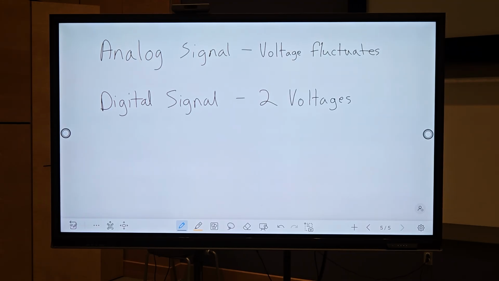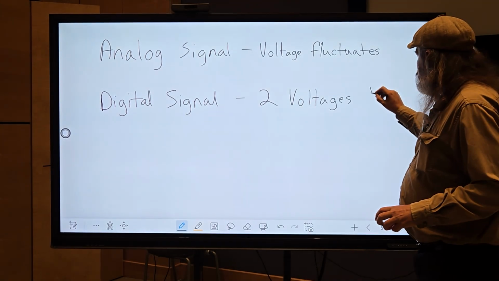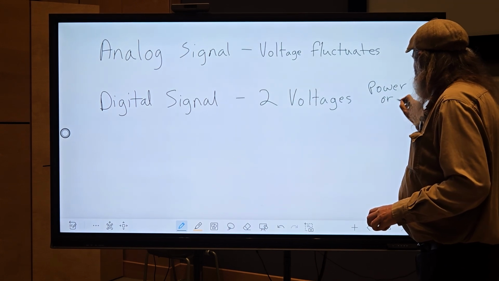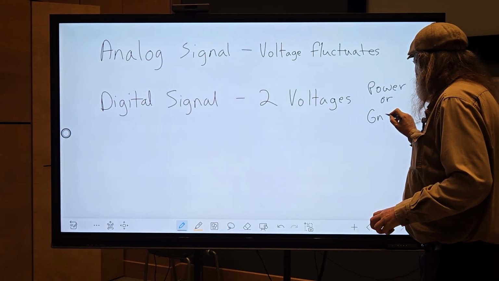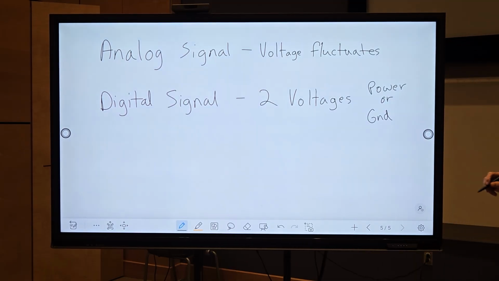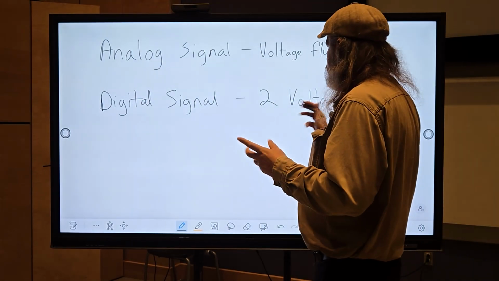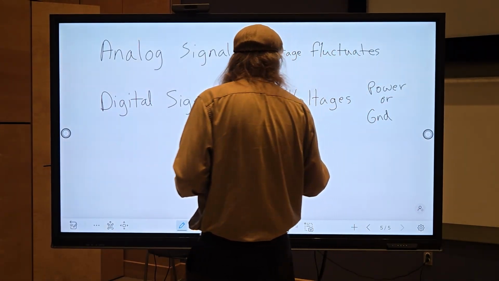It is not on or off. It is high or low. It is either power or ground. If it's not connected to anything, that is a separate state, a third state, which is not measurable by electrical devices, but is handy in some computer systems.